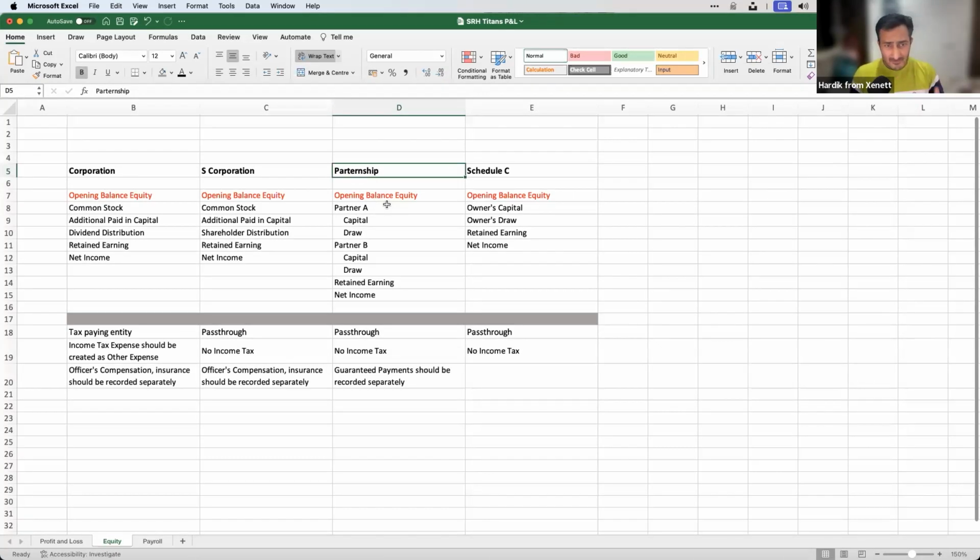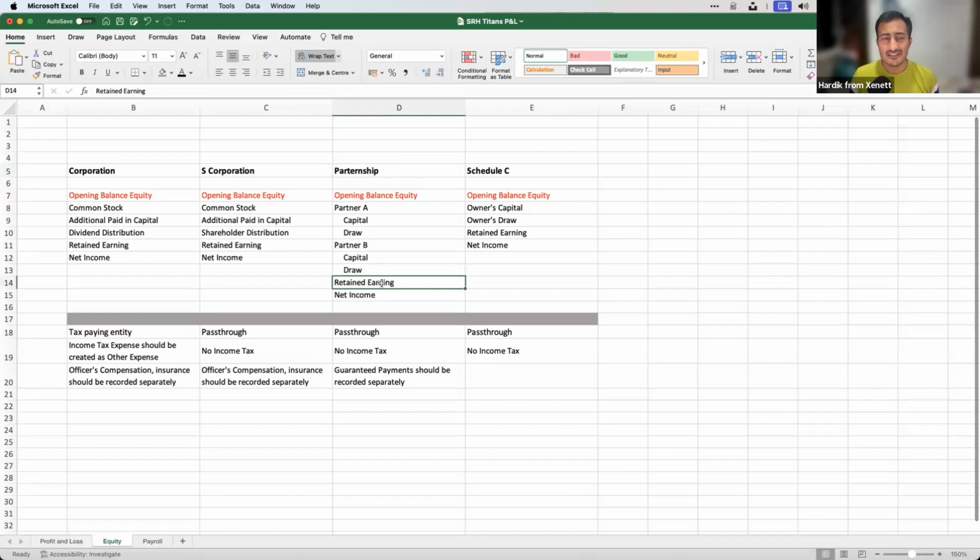So again, a partnership is not a taxable entity. Whatever income or losses are made get flowed through to the partners' accounts, and partners would report it when they are filing their own taxes, right? So similar to an S corporation, they do not have retained earnings.